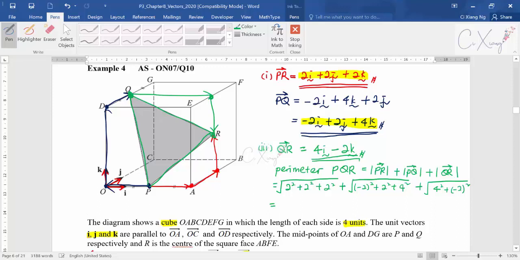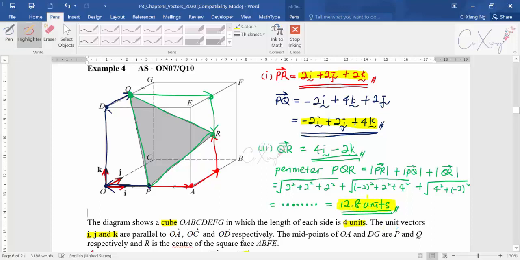Okay, so when you add them together, you should get 12.8 units. Because here they are not using cm or whatsoever, they just tell you that it is unit. So you should get 12.8 units correct to 3 significant figures.